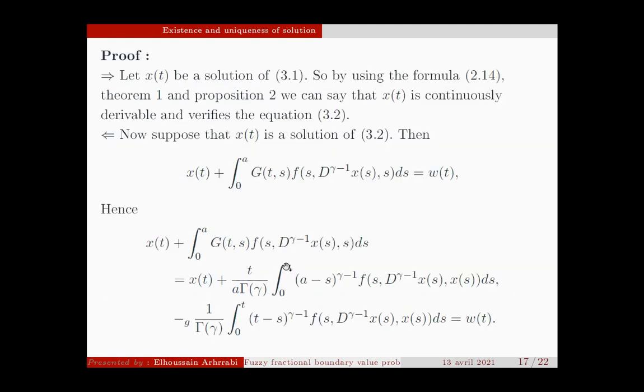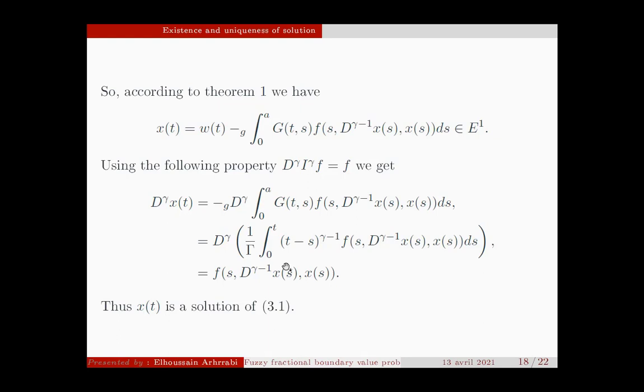For the proof, we will start with the first direction. Let x be a solution of 3.1. Then by using formula 2.14, Theorem 1 and Proposition 2, we can see that x is continuously differentiable and verifies equation 3.2. On the other hand, for the other direction, we suppose that x is a solution of 3.2, then we replace omega by its expression.